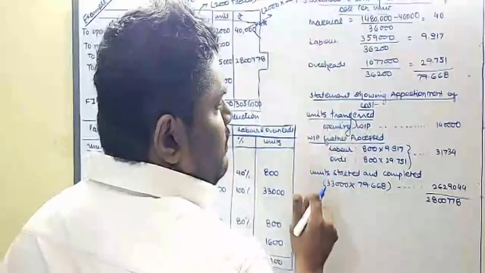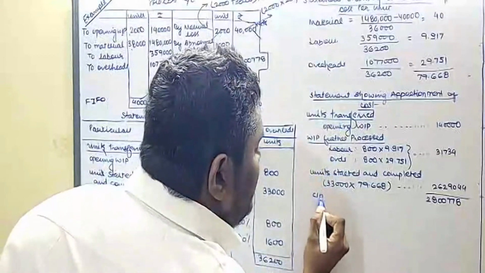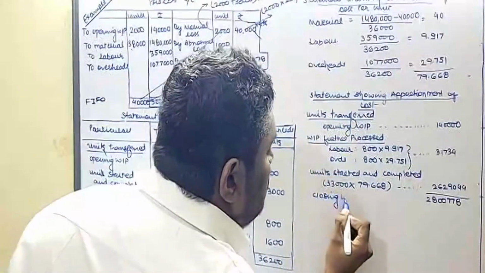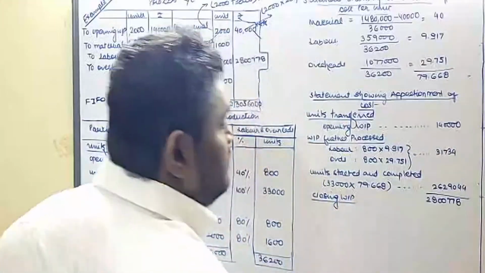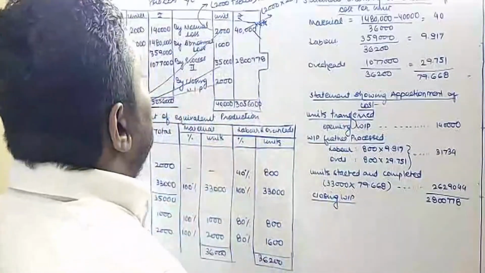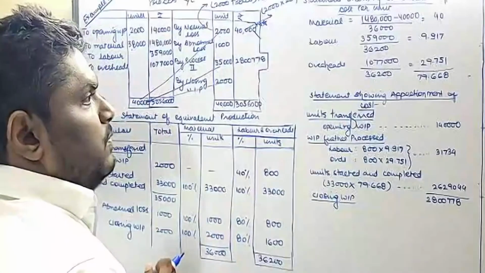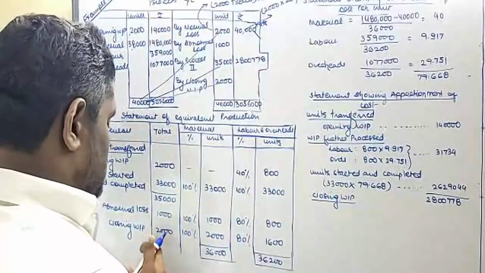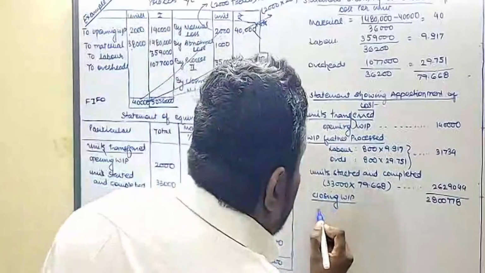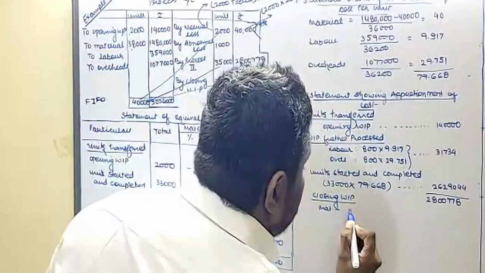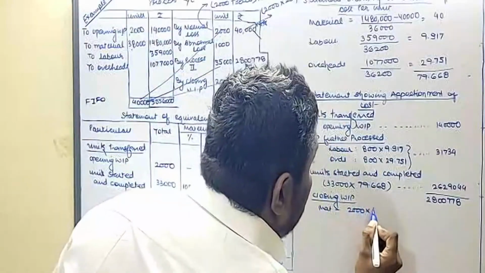Now this is about units transferred, now closing work in progress. As far as material cost is concerned, it is 2000 into 40.